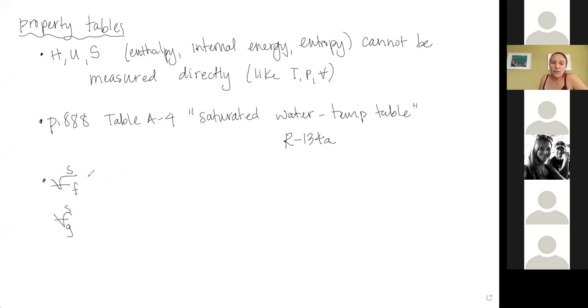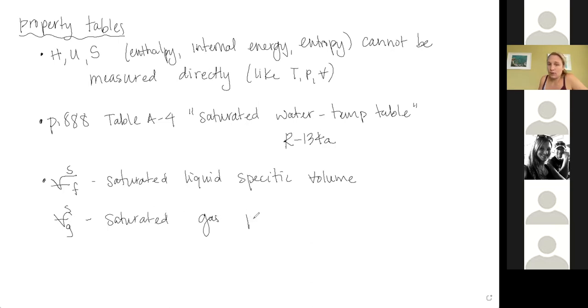For this nomenclature, v sub f is our saturated liquid specific volume, so volume per unit mass, and v sub g is saturated gas specific volume.